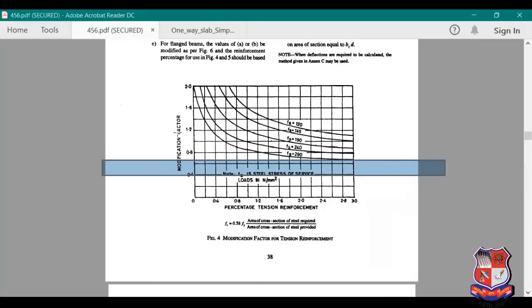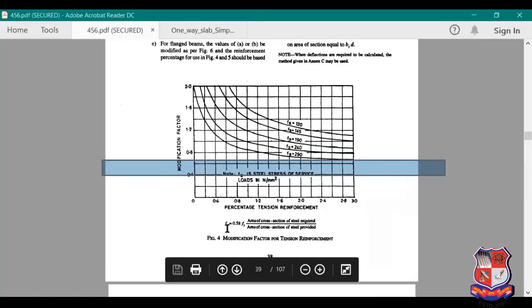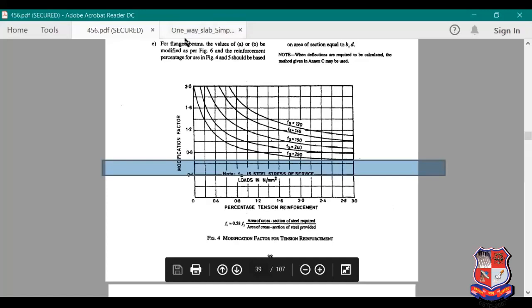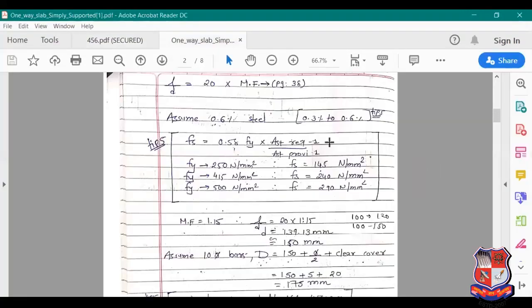This vertical line is the modification factor, and there are curves. Curves about what? Curves about fs. You can find fs just below the graph. It is 0.58 fy into the area of steel required divided by provided. We can take both as the same, so this ratio will be equal to 1. So fs is 0.58 into fy.